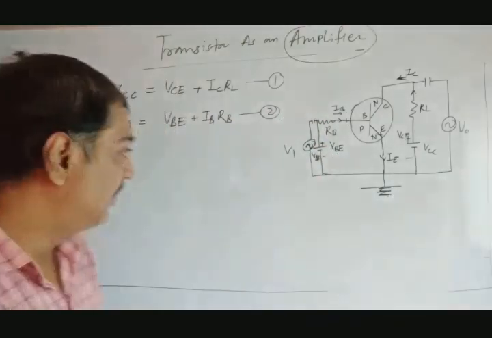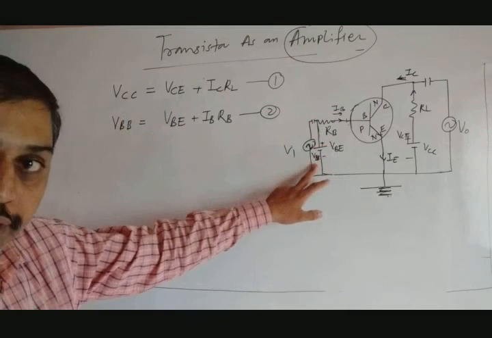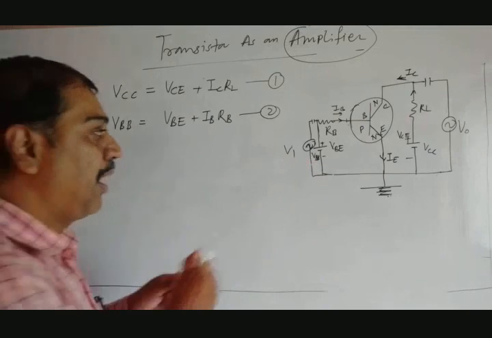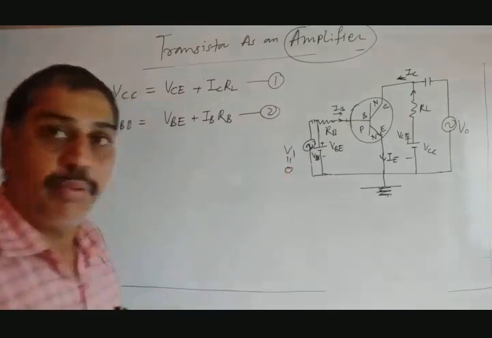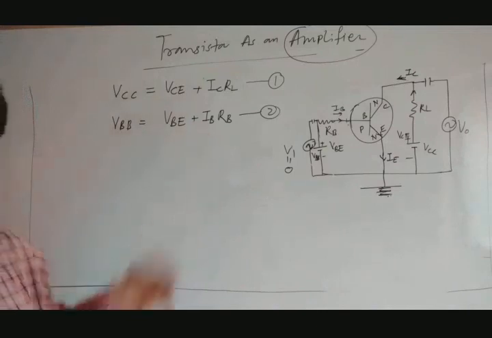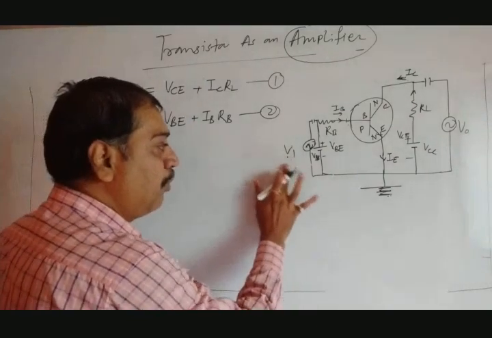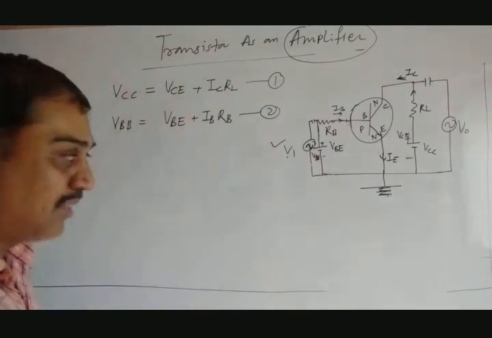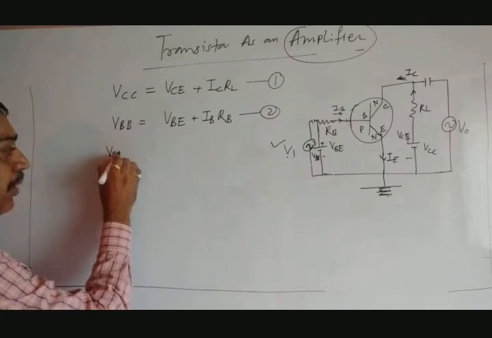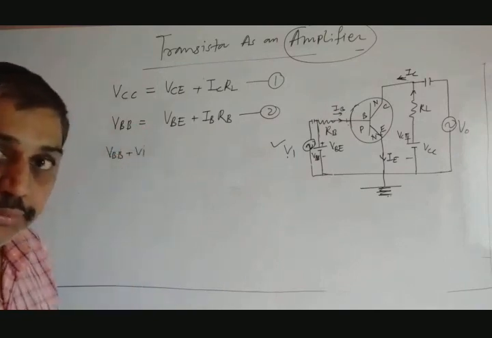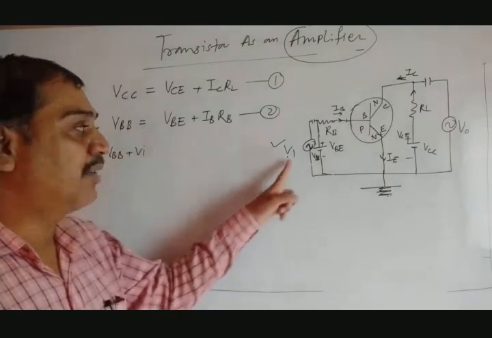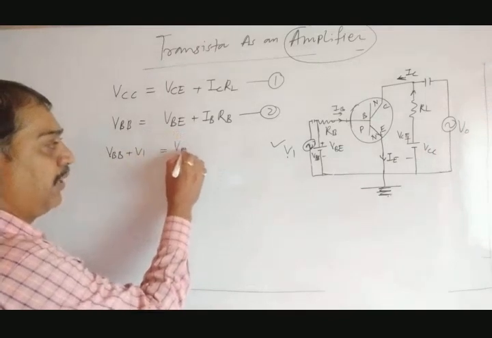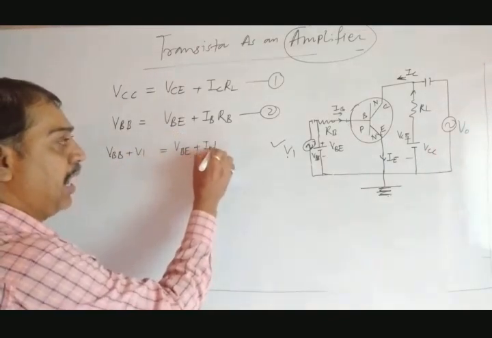Now let's see. In this case, VBB is nothing but an input voltage. Suppose initially we have not applied any input voltage, so the applied input is 0. In that case, these are the equations. Now suppose I have applied some voltage, I have changed the input voltage. So the second equation can be modified as VBB plus VI. VBB already exists, and now we have applied some input voltage, so plus VI, and it is equal to VBE plus IB RB.